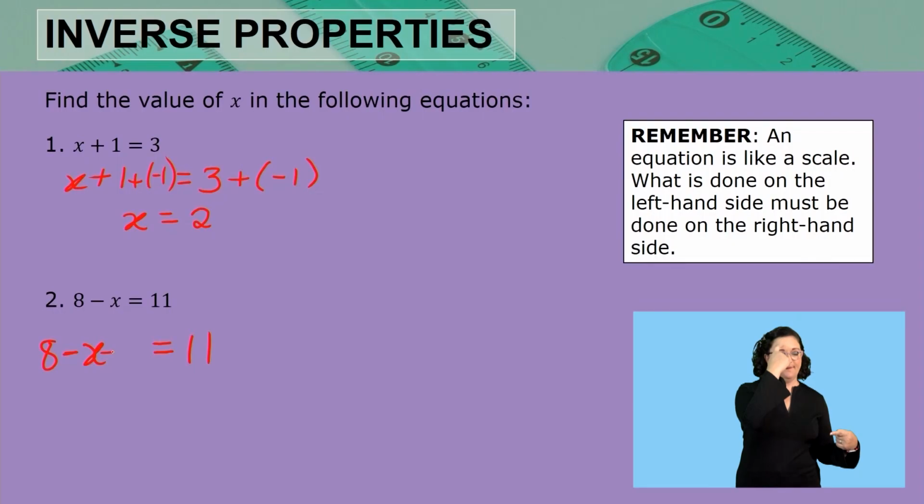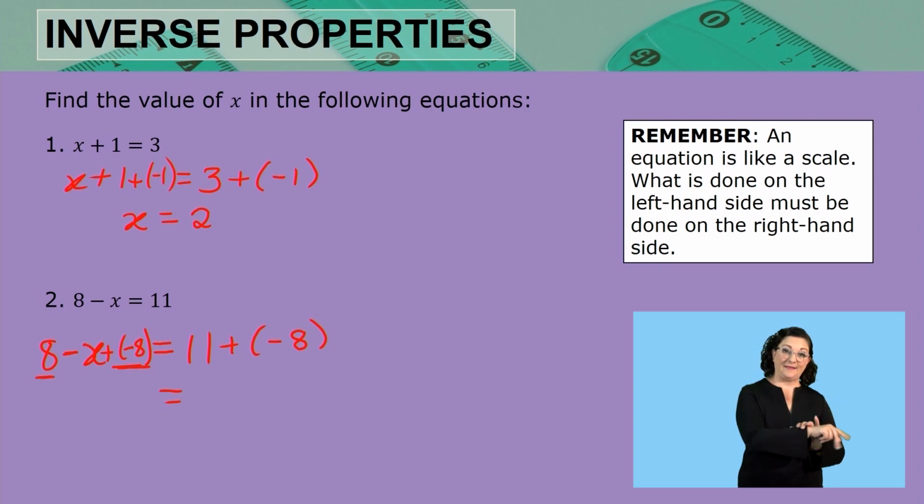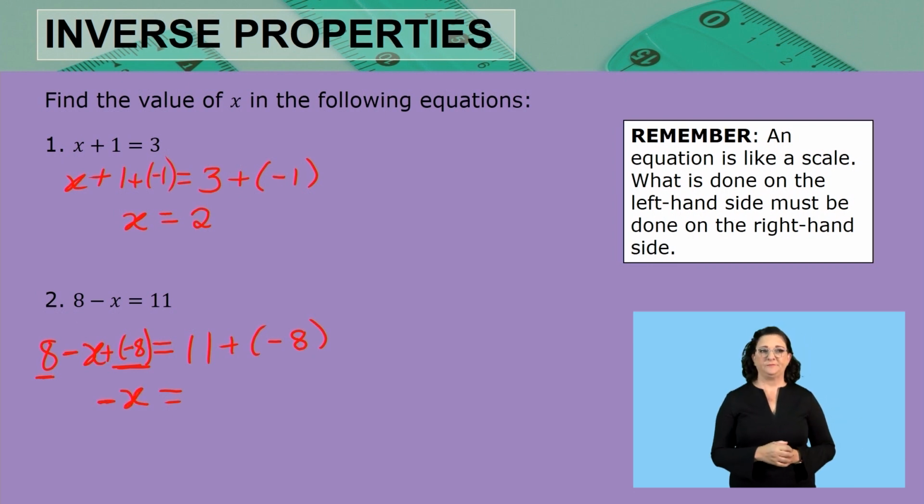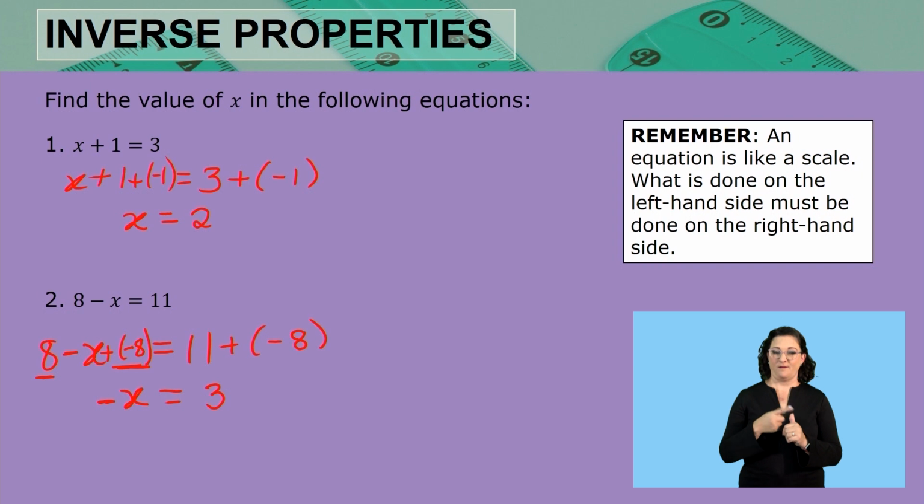So from both sides, we are going to add a negative 8. And now when we say 8 and we add a negative 8, we know that will give us 0. That leaves us with that negative x that is there, or that minus x. And on this side of the equal sign, we have 11 plus a negative 8. Remember, we are adding a negative number, so that is going to give us a 3.